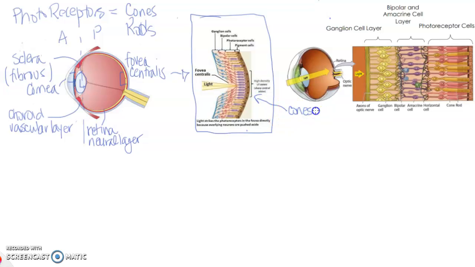When you think of cones, think of color vision, color specific vision. So they're concentrated here in the fovea centralis. The purple things are cones, the yellow ones are rods. So the light comes in, and the light has to get to the cones and rods to create an image.